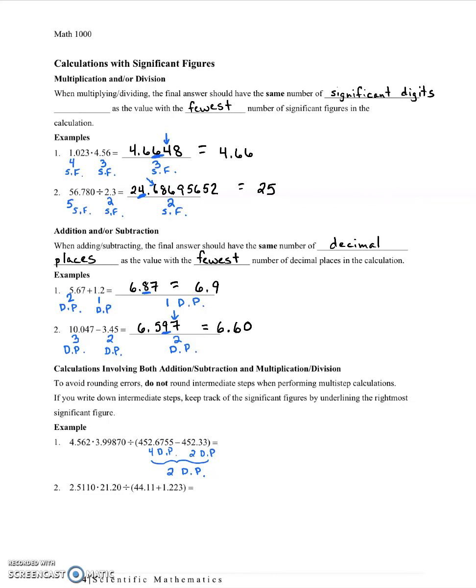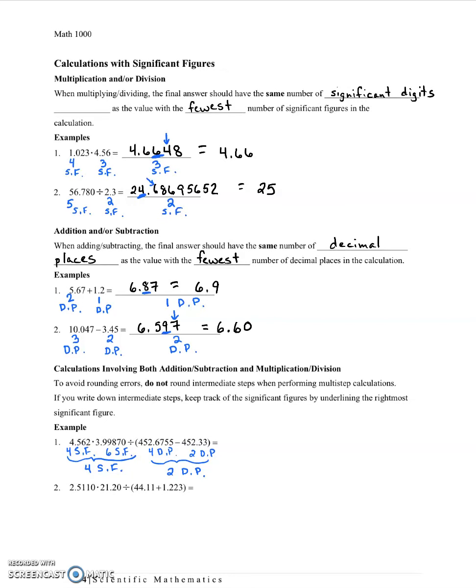So this first one has 4 significant figures. The second one has 6 significant figures. So our answer, when we multiply those 2, should have 4 significant figures. So let's do that and see what happens.